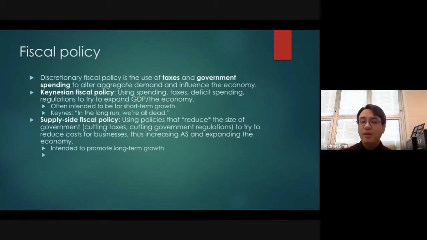Keynesians generally then try to influence the economy by boosting government spending, by getting money directly in the hands of consumers. And while this provides short-term boosts, it often does not cause a lot of long-term growth, actually causes a lot of long-term problems.